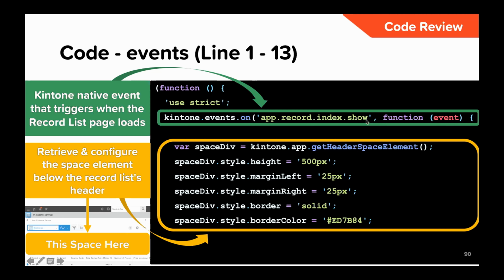That's right. These event names are not really consumable for humans. The event name isn't "show list view." The event name is app.record.index.show. Not the greatest name for us humans, but this and a dozen other events, like app.record.create, which fires when a record is created.